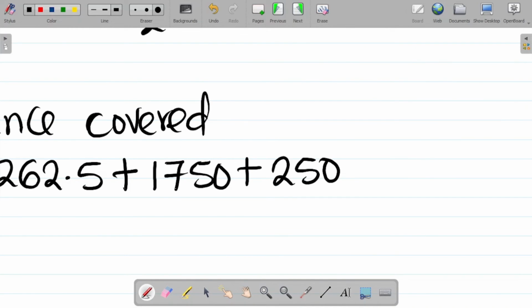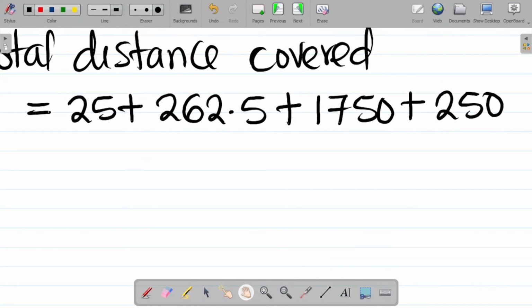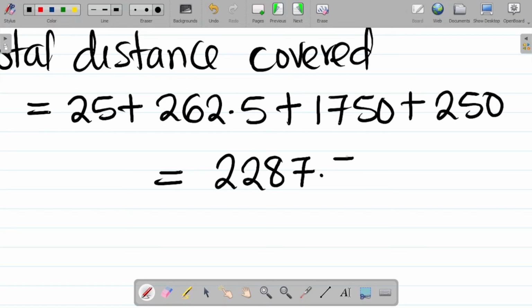All right, so let's add up these values. If I add these values up, this will be equal to 25 plus 262.5 plus 1750 plus 250. Your answer gives you 2287.5. Now, don't forget you're getting distance, which is measured in meters. So your answer is 2287.5 meters.